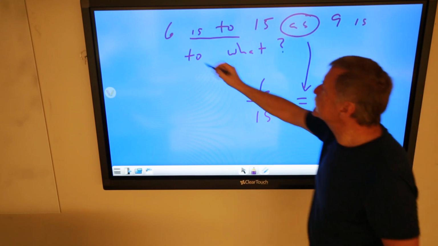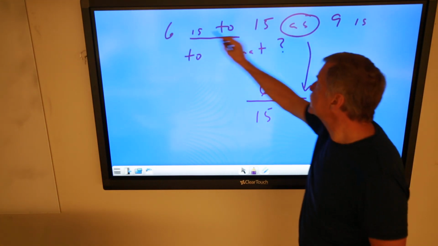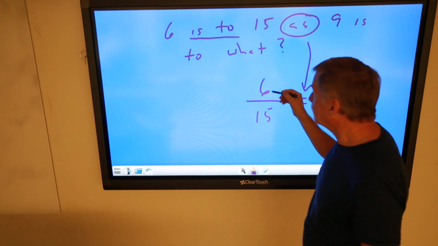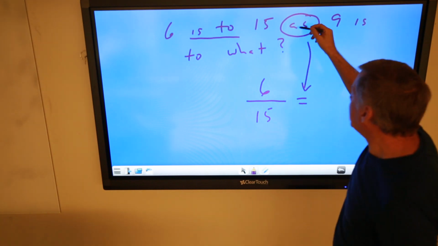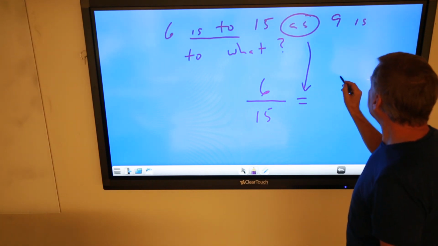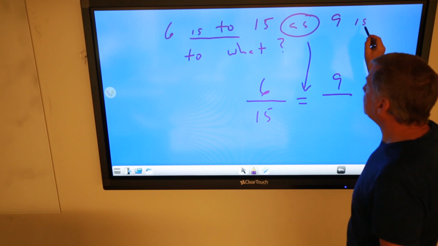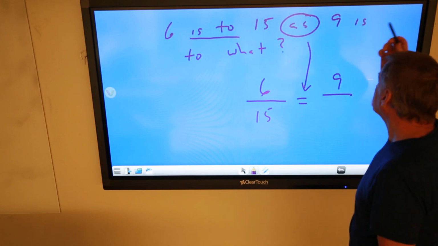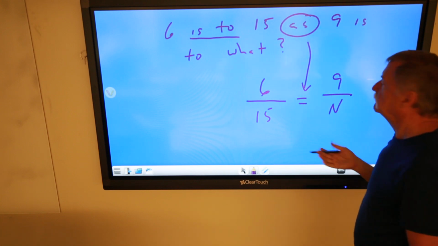Again, it's a ratio, so the order matters. 6 first, then 15. 6 on top, 15 on bottom. As equals 9 first, so that goes on top, is to what? We don't know.